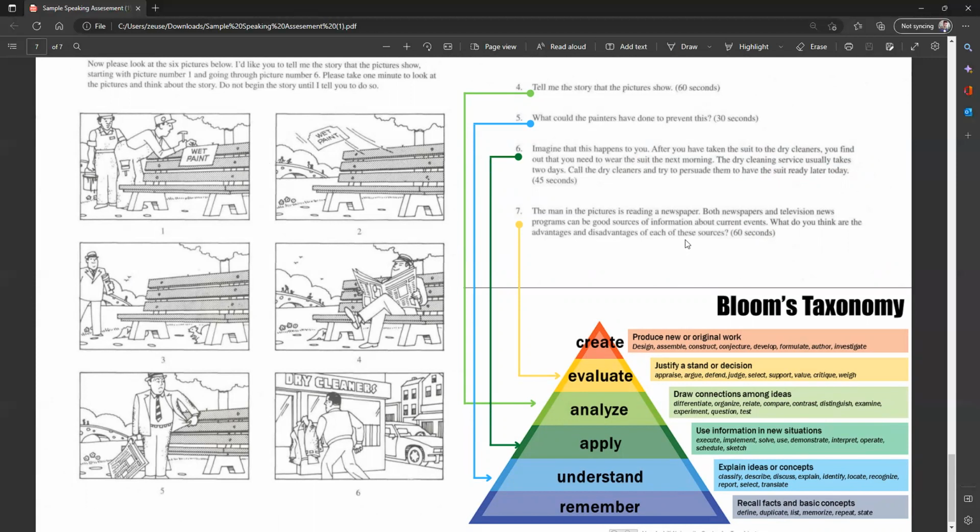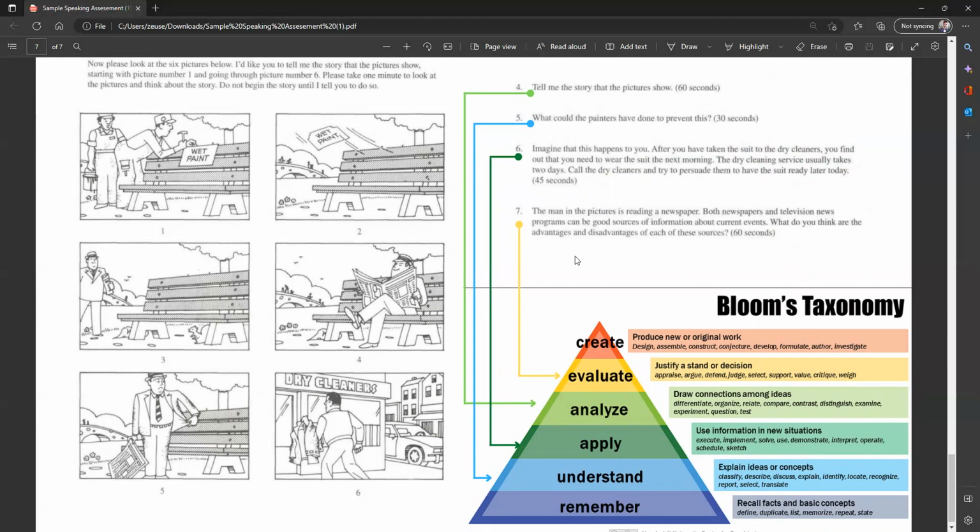And lastly, question number 7 is aligned with the evaluation level, as it asks the assessee about their stand on the advantages and disadvantages of newspaper and television news. So to further explain, the man in the picture is reading a newspaper. Both newspapers and television news programs can be good sources of information about current events.